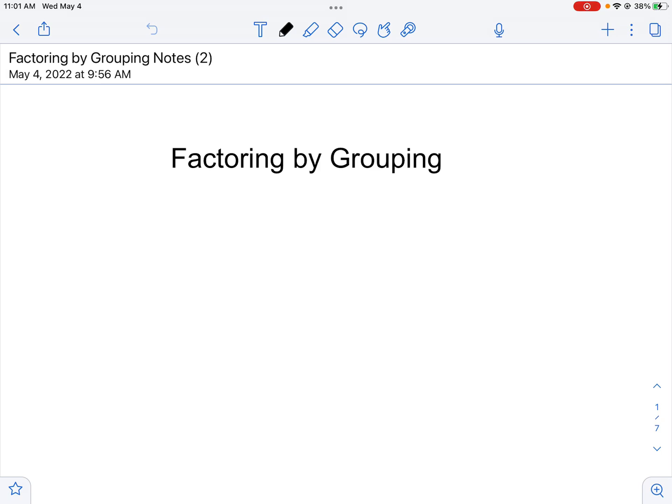So let's take a second and see what we remember about GCF. GCF just stands for greatest common factor. I know, how exciting. Another way of saying that is biggest same number.